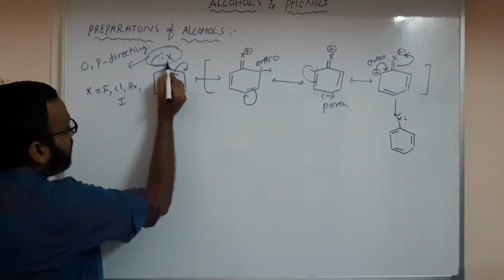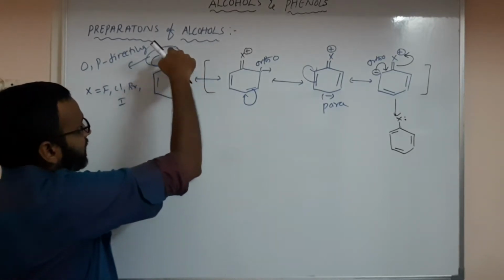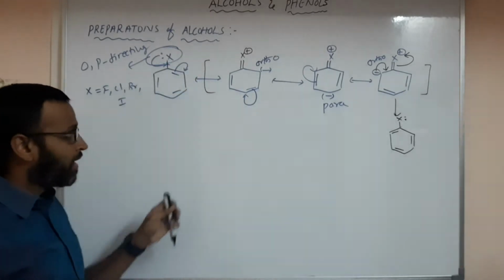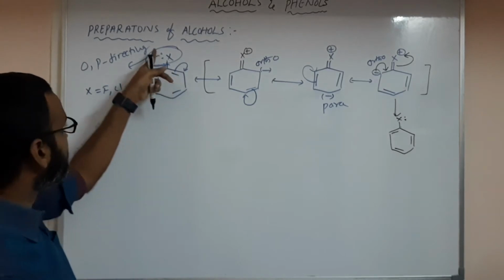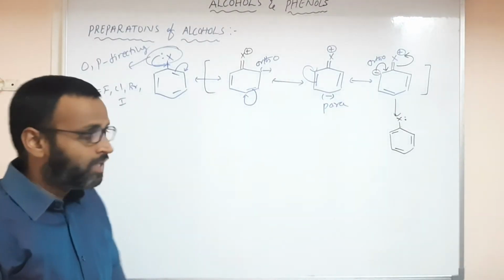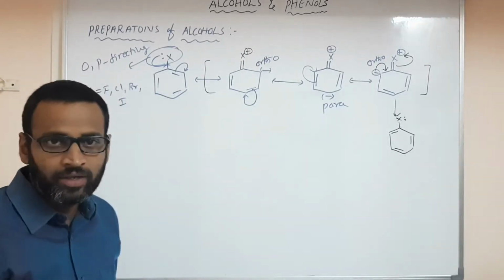This sigma bond is displaced slightly towards X, so X has partial negative charge and this carbon has partial positive charge. But due to the presence of the lone pair, it donates the lone pair to the benzene ring. Understanding? In that way we have to explain why X is an ortho para directing group.